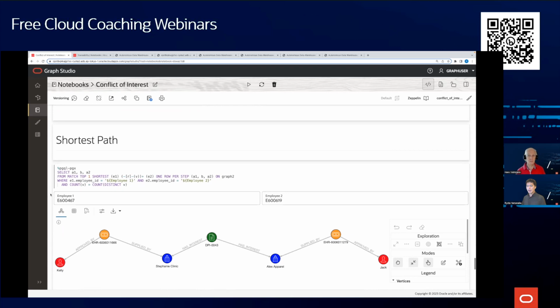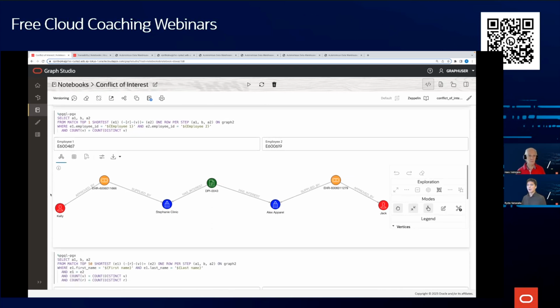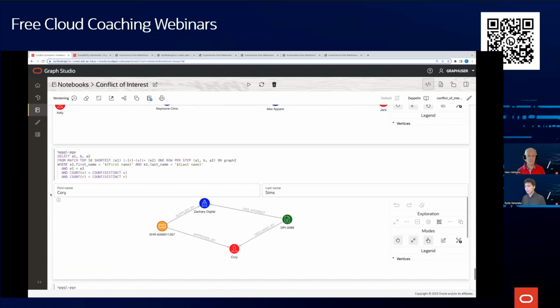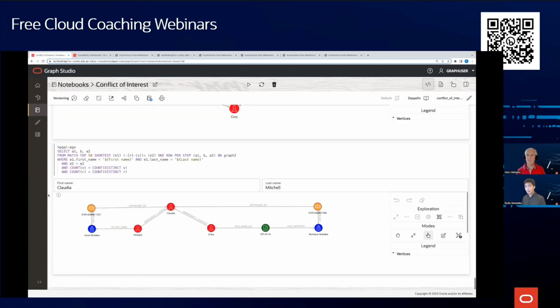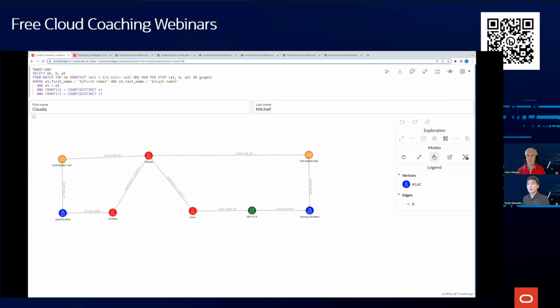With more and more variety of information, maybe eventually you'd like to run a shortest path query to find any cycles. So in this case, you can run a shortest path query to get 50 potential shortest cycles from E1.